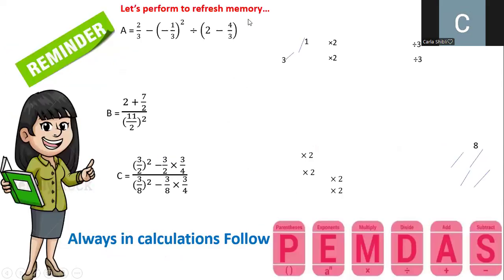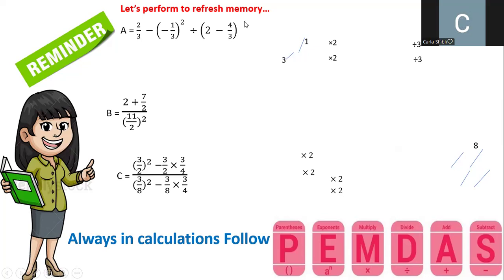Let's perform these. I will solve one example only. Whenever you see such sentences or calculations in math, these are only solved using PEMDAS. So I ask here, what operations do I have? I have minus, I have exponent, I have division and parentheses.